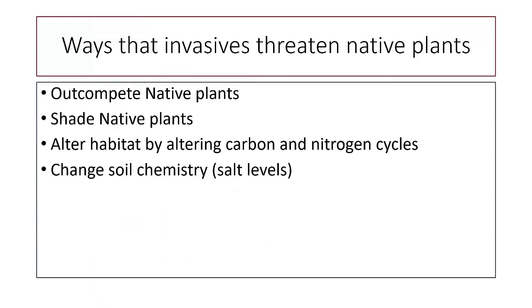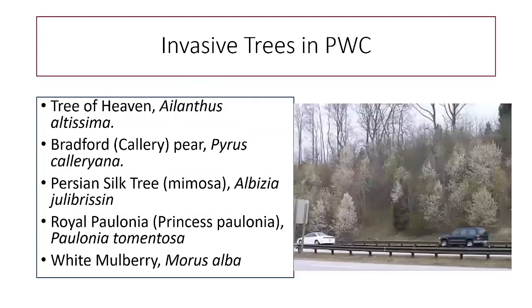Invasives threaten native plants by outcompeting the native plants, meaning that they grow larger, faster. They can shade out native plants, as this buckthorn did. They can actually alter the soil by altering carbon and nitrogen cycles and changing the soil chemistry. So invasives are really a very serious problem for anyone that's interested in the environment.